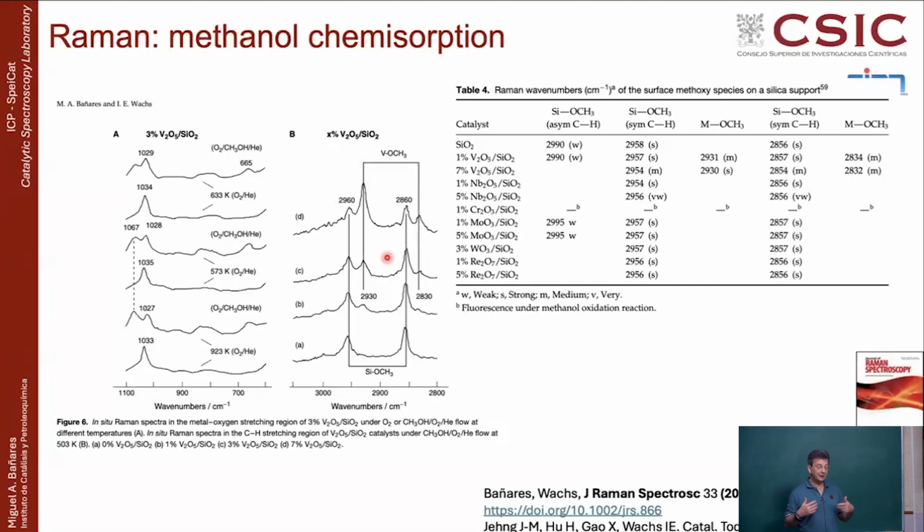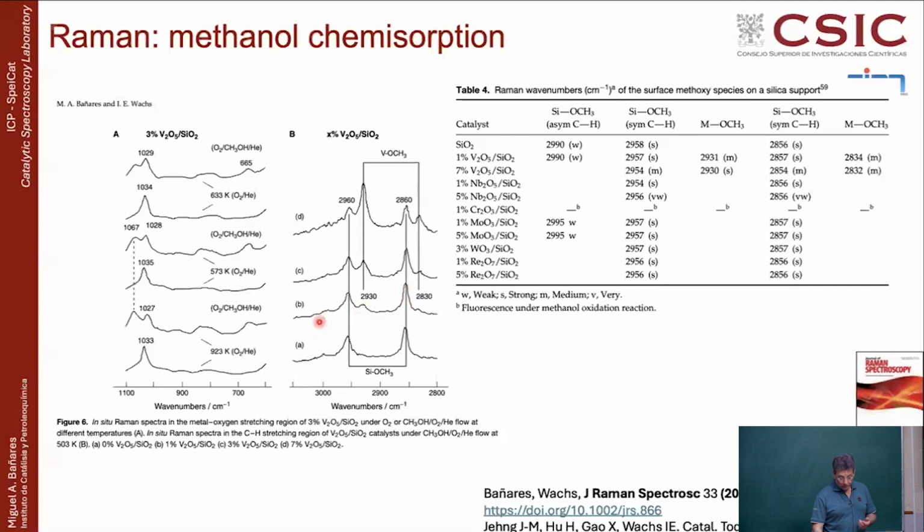Not only am I getting methanol connected to the vanadium, where you can see the VOC bond, but you can see that the methanol chemisorption in the CH region looks different in frequency when you are adsorbing methanol on pure silica than on vanadium silica. When there is vanadium, in addition to these two peaks, you get another two peaks. These other two peaks correspond to methoxy groups on vanadium or methoxy groups on silica.